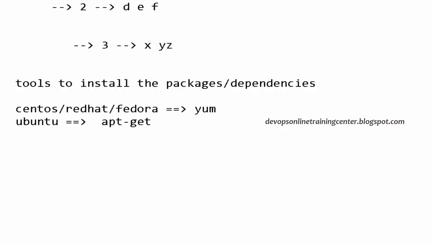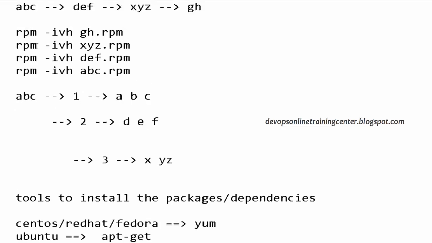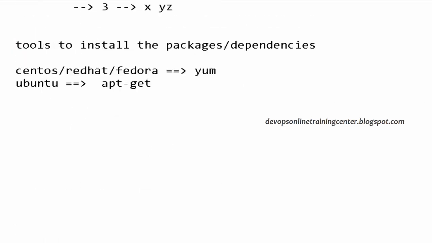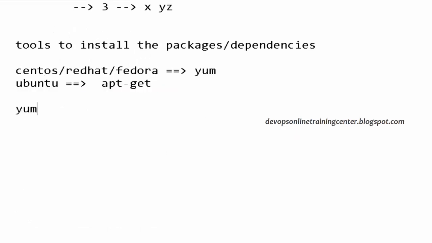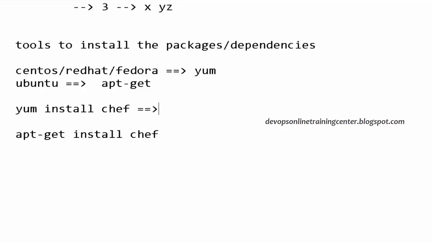If you want to install a single package, again the commands are this. But if you want to install a bunch of packages and take care of the dependencies automatically, we need to use commands like yum or apt-get. So what is the syntax? yum install chef, or apt-get install chef. Let us say yum install ABC.